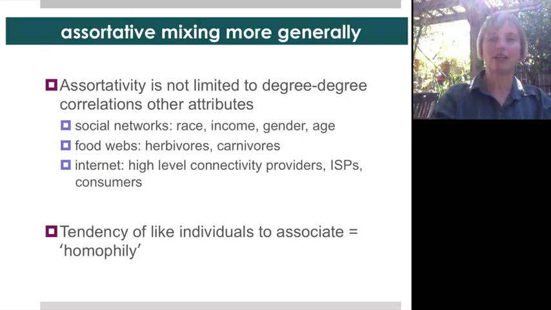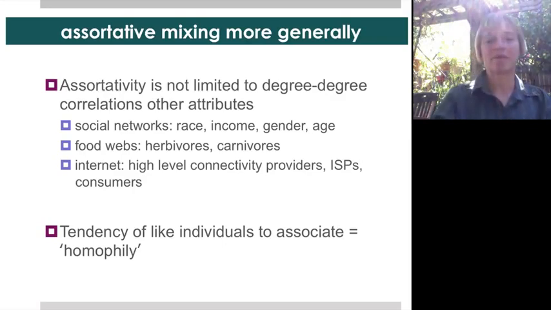I mentioned that you can talk about assortative mixing more generally. If you were talking about social ties, you may be looking at race and income and gender and age. You can look at food webs, herbivores and carnivores. I'm assuming in the food web, it might be a bit disassortative.